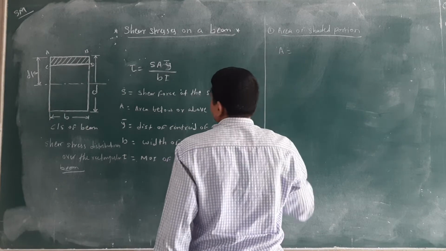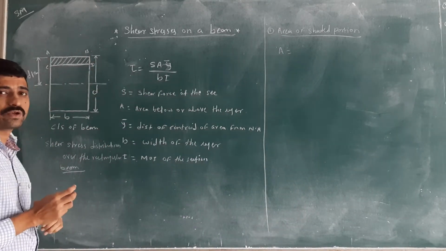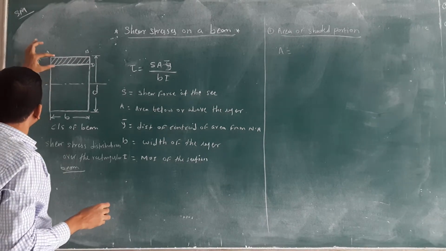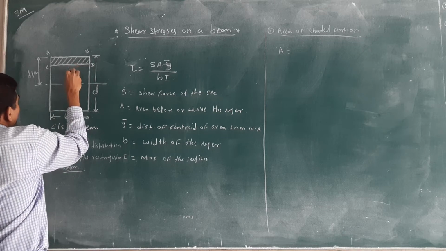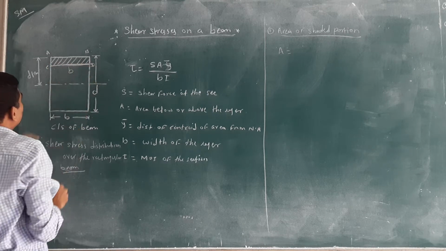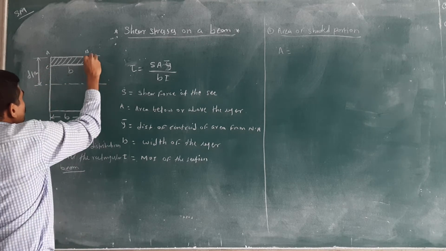We know the area of the rectangular beam is B into D, but we want the area for this portion. The width at layer CD is the same width B. How to calculate this value?